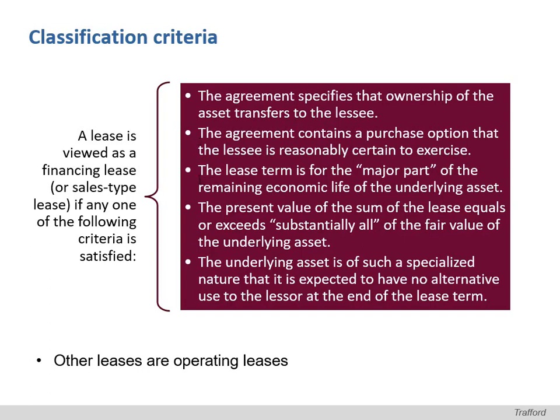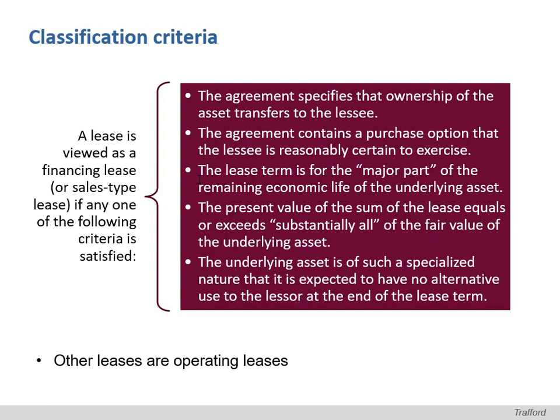The third bullet here says that we have a financing lease if the lease term is for a major part of the economic life of the asset. So we'll define major part to be more than 75% of the remaining economic life of an asset. So this criteria should make some sense to you as well.